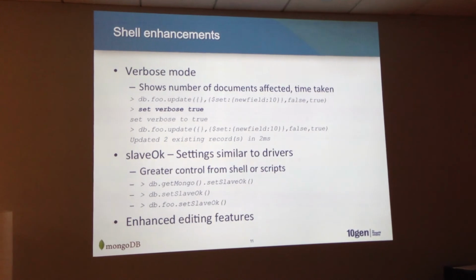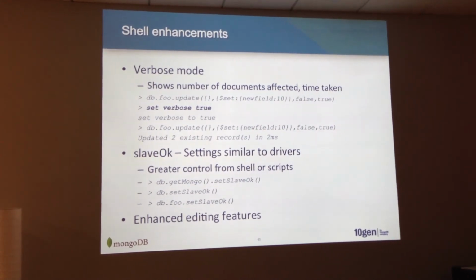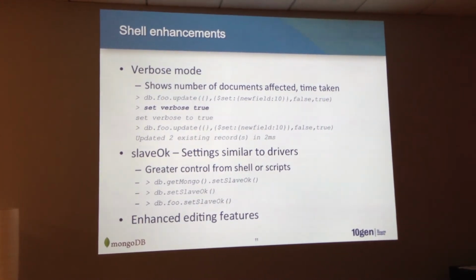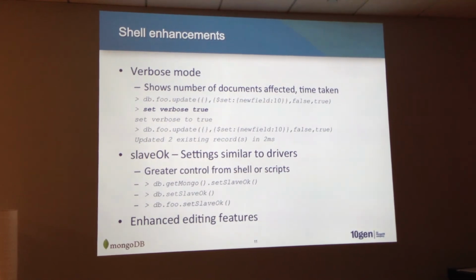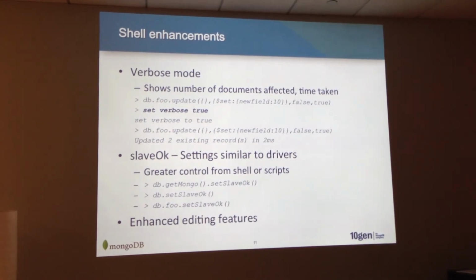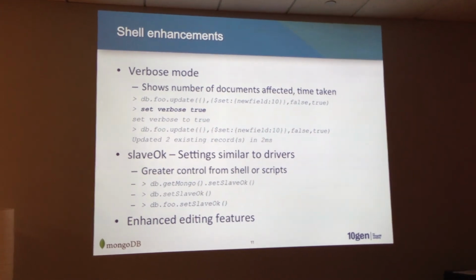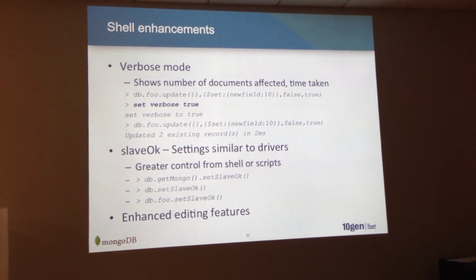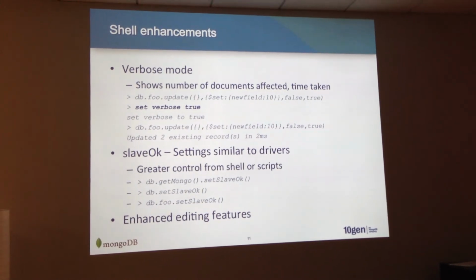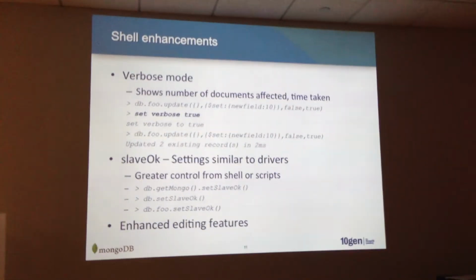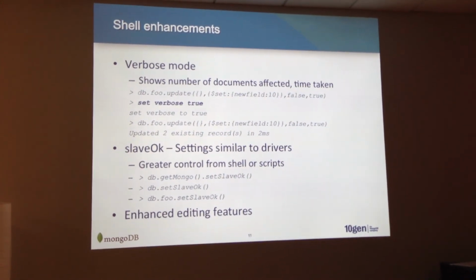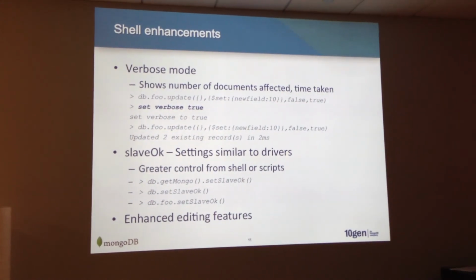So here the first option is called verbose. You would do set verbose true in the shell. That should actually be the default, but it probably will be the default in 2.4. What it gives you is that it will actually tell you what it's doing, what happened to the database. So if you do an update of a record, and you do multi, it will tell you, I updated 2 values.